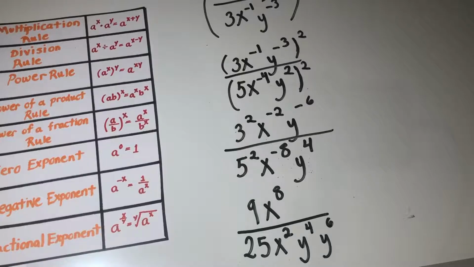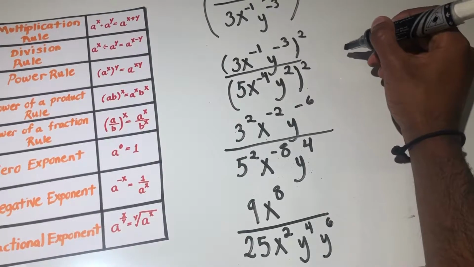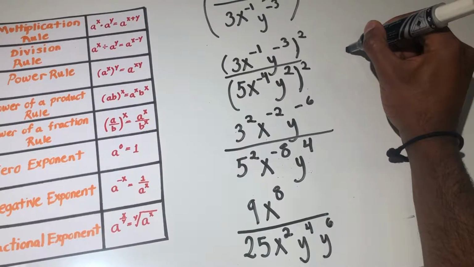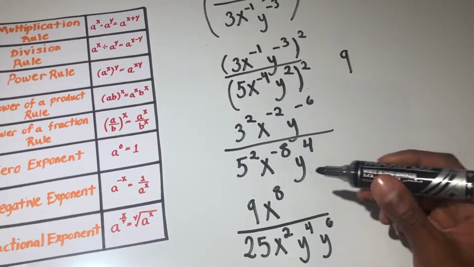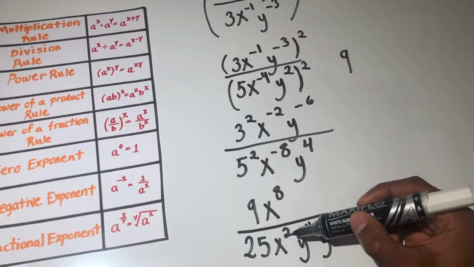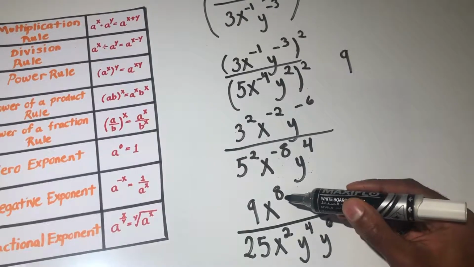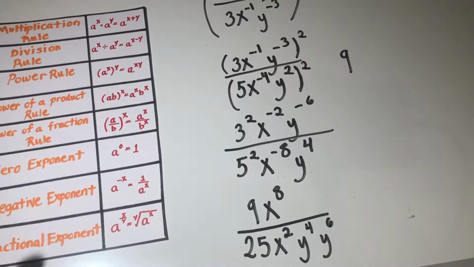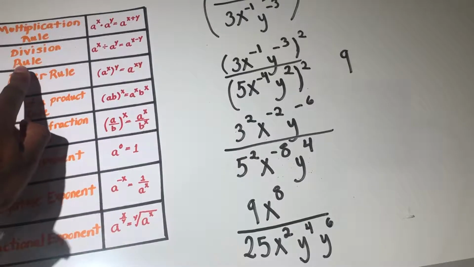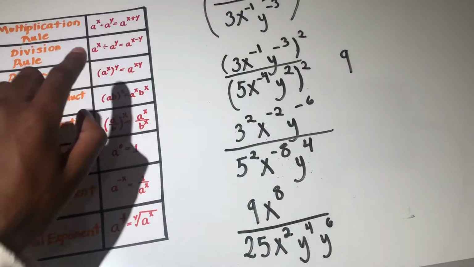Now if we simplify even further, we have 9 at the top, and we have x to the power of 8 over x to the power of 2. If we obey the quotient rule, yes, the power of division, I'm sorry, I got a little confused there.